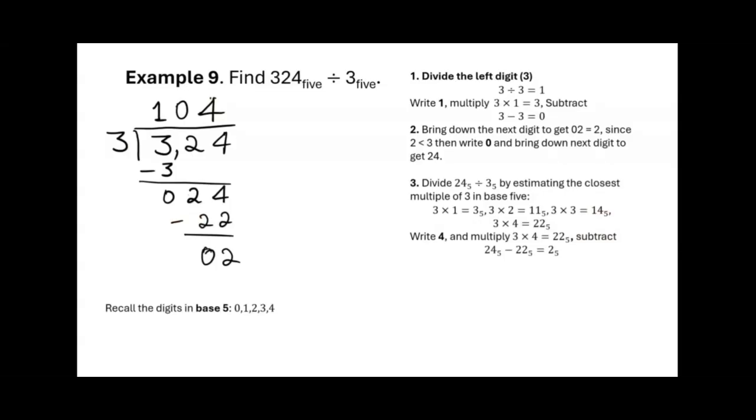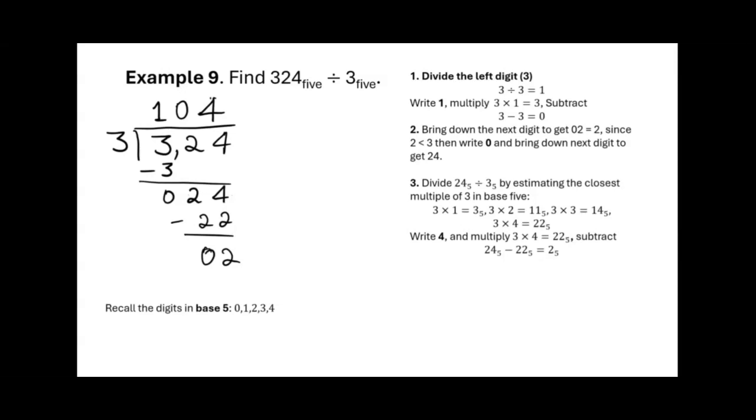This subtraction is in base 5, but because all of these digits are less than 5, you just subtract the regular way. 4 minus 2 is 2, 2 minus 2 is 0, so the remainder is 2.